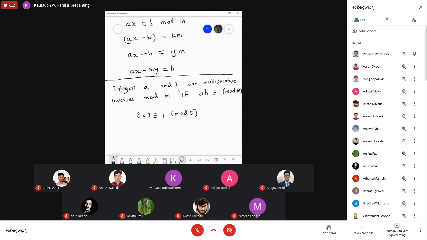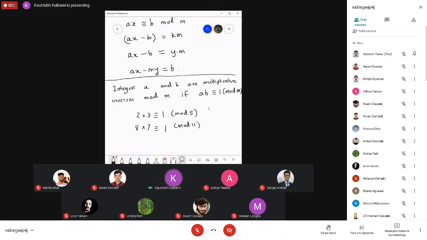Or let's say 8 and 7, and my mod is 11. Okay, so 56 mod 11 is 1. So 8 multiplied by 7 is congruent to 1 mod m. Therefore 8 and 7 are inverses of each other.